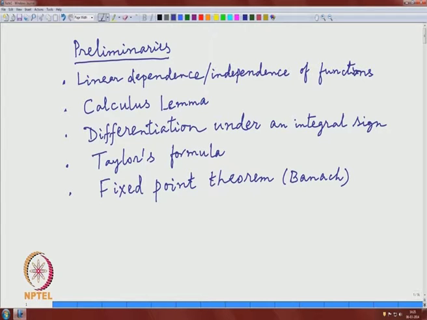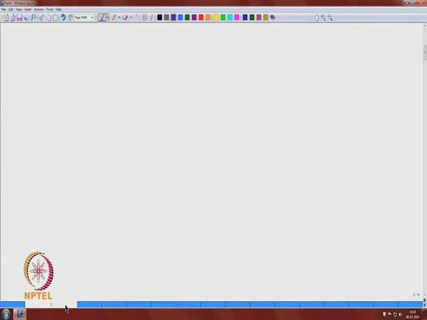Okay. So, let me start with linear dependence and independence of solutions. For that, let I be a non-empty interval in R. Okay.